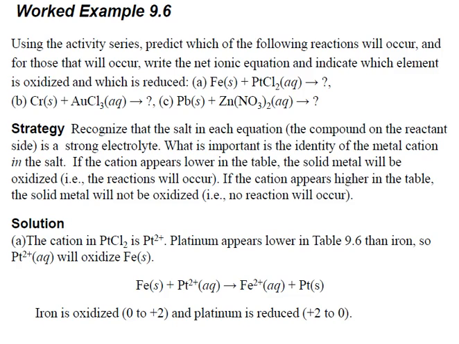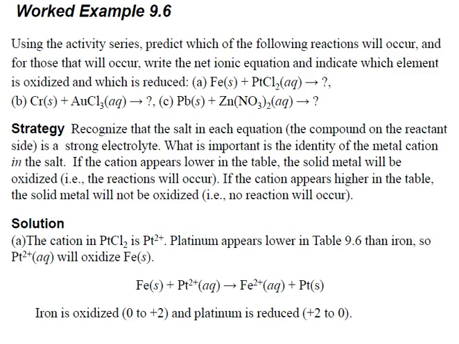The strategy here is to recognize that the salt in each equation, and that would be the compound on the reactant side, of course, is a strong electrolyte. What is important is the identity of the metal cation in the salt. If the cation appears lower in the table, the solid metal will be oxidized. Therefore, in other words, the reaction will occur.